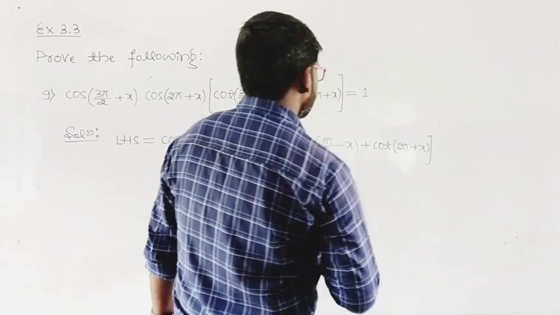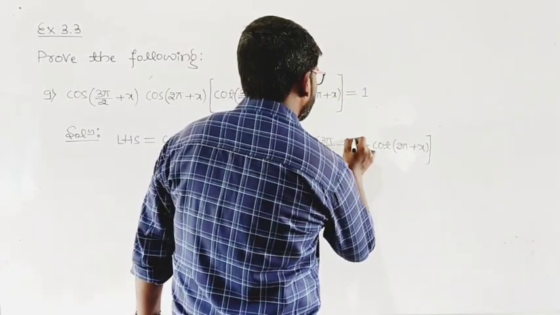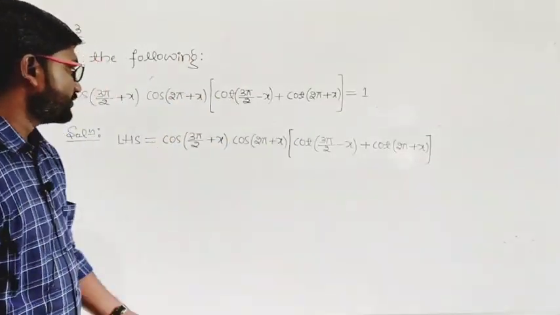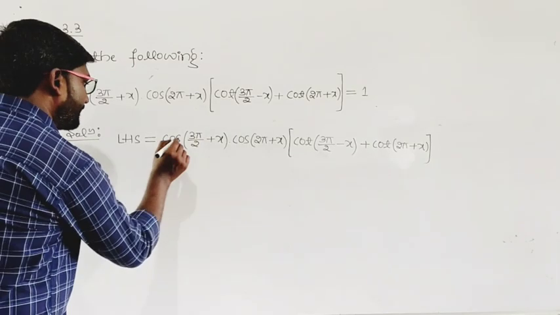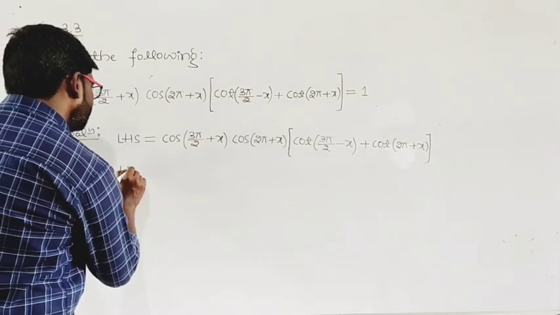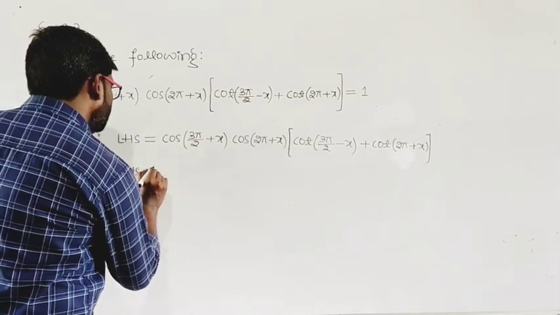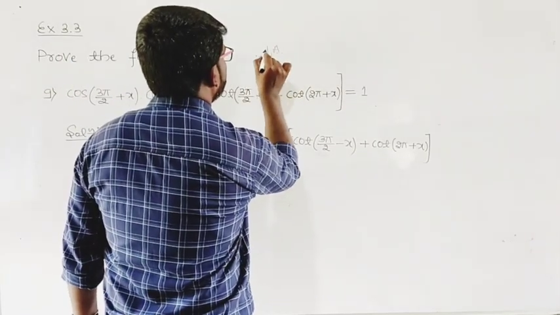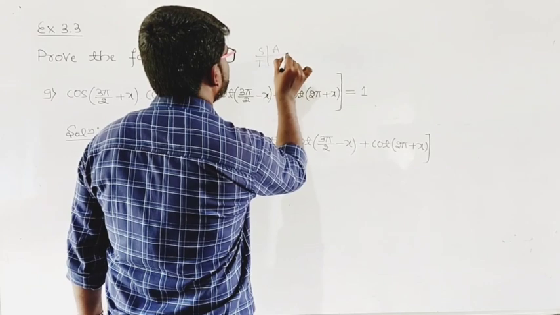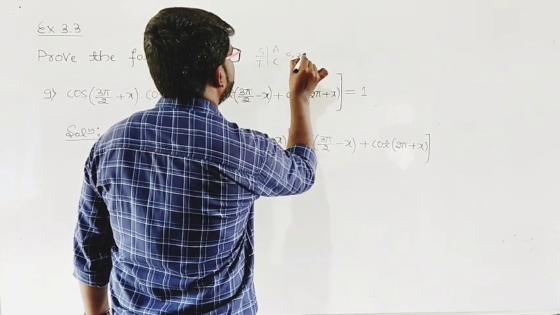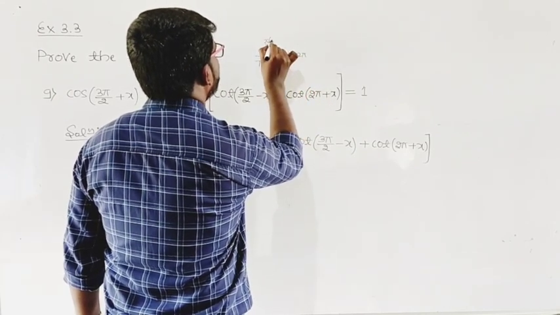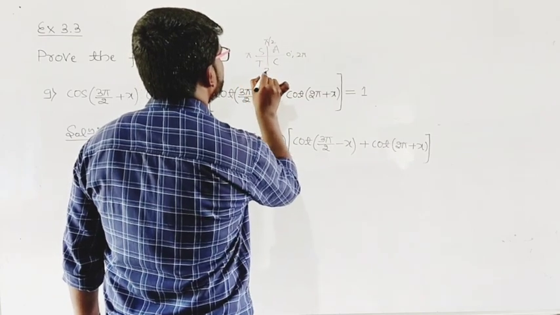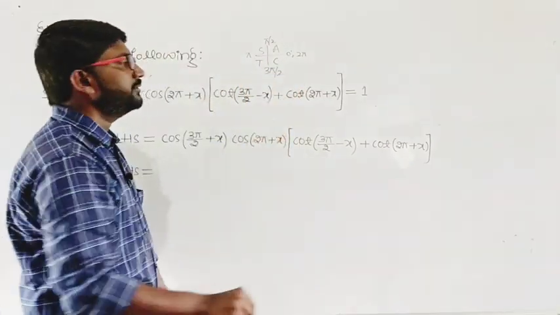So now let us make use of the allied angle concept. Here we have 3π/2 + x, so let us go for the quadrant. A, S, T, C. 0 degree or 2π radian, this has to be π/2 radian, this has to be π, this has to be 3π/2 radian.